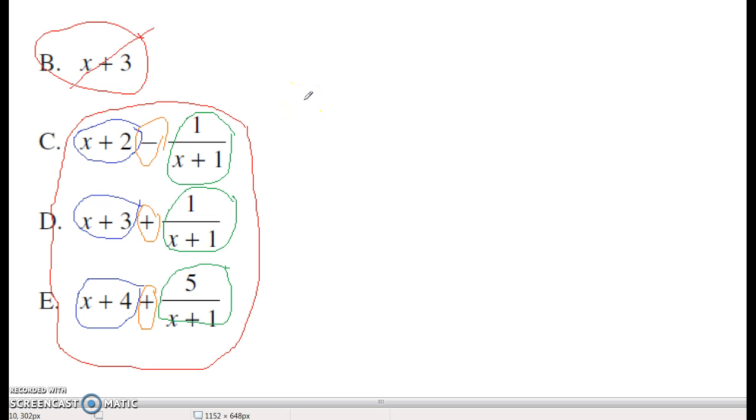Now here's the deal with this, okay? Whenever you're adding or subtracting fractions, there are certain rules. The main rule is this wonderful thing called the least common denominator.